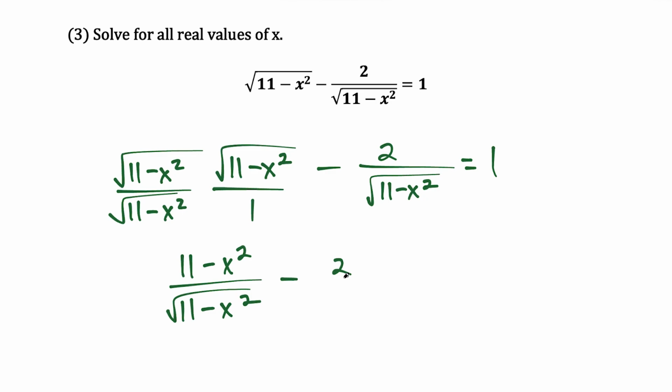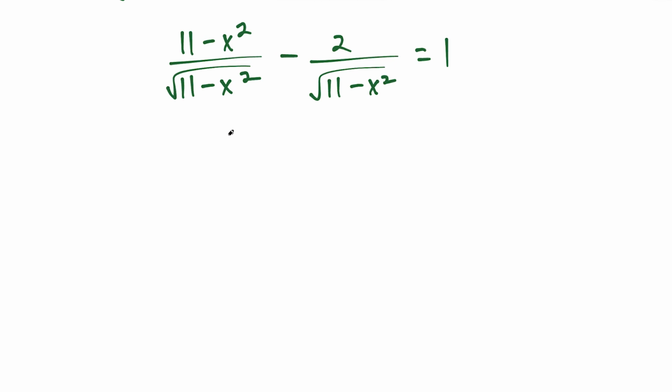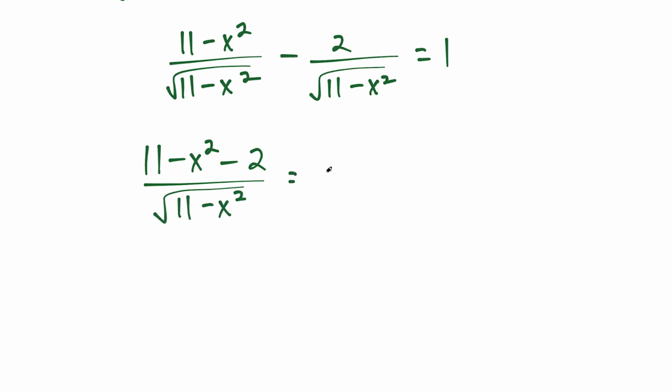And we have minus 2 over square root of 11 minus x squared. And this is all equal to 1. So now that we have common denominators, we can combine these fractions. We have 11 minus x squared and then minus 2 over 11 minus x squared under the square root is equal to 1. And now just combine like terms.